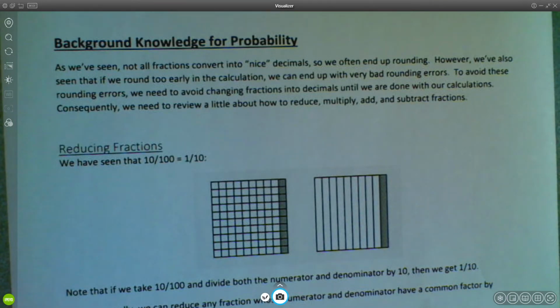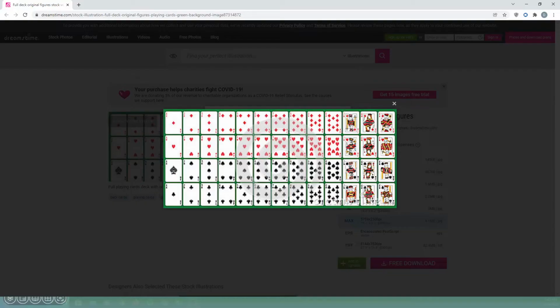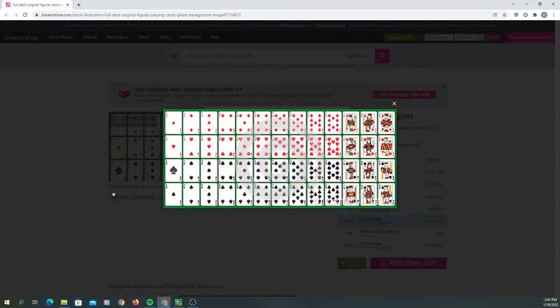So just to get us kind of thinking about this, in probability we'll spend a lot of time looking at decks of cards. So this is what a standard deck of cards looks like. You've got four suits, this is diamonds, hearts, spades and clovers, or clubs, and you've got different colors, red and black.